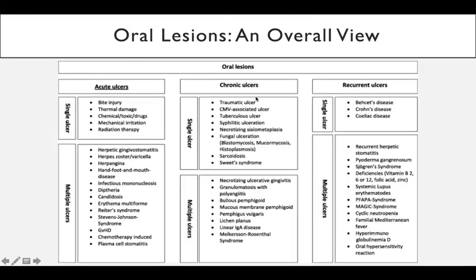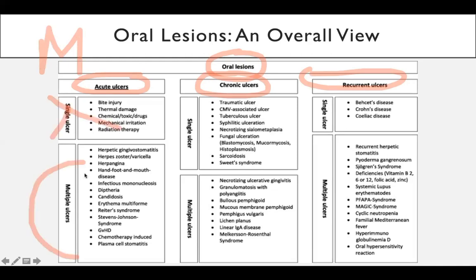And then we have an overall view of the oral lesions. We have studied acute ulcers, chronic ulcers, and recurrent ulcers. Among the acute, we studied multiple, not single. We studied multiple acute and multiple chronic.